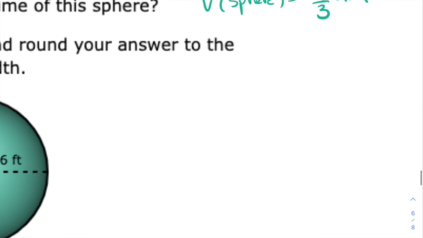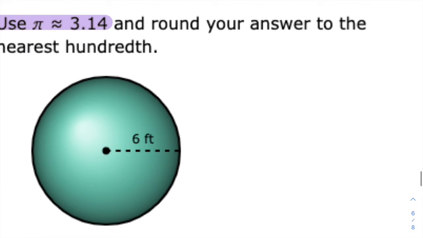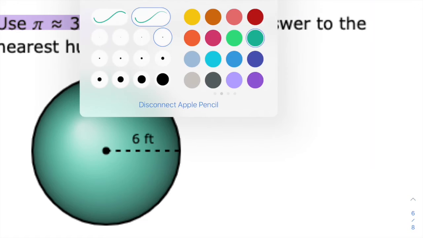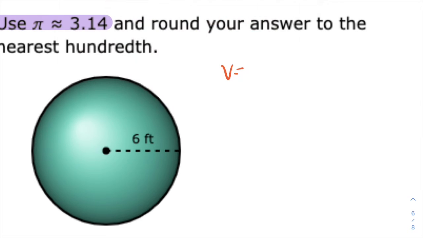Okay, so our first volume is going to be 4/3 pi r cubed. So it's 4/3 pi times 6 feet cubed.